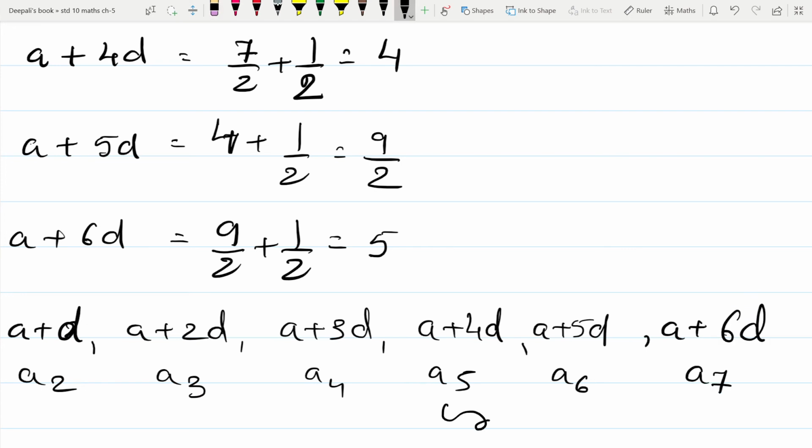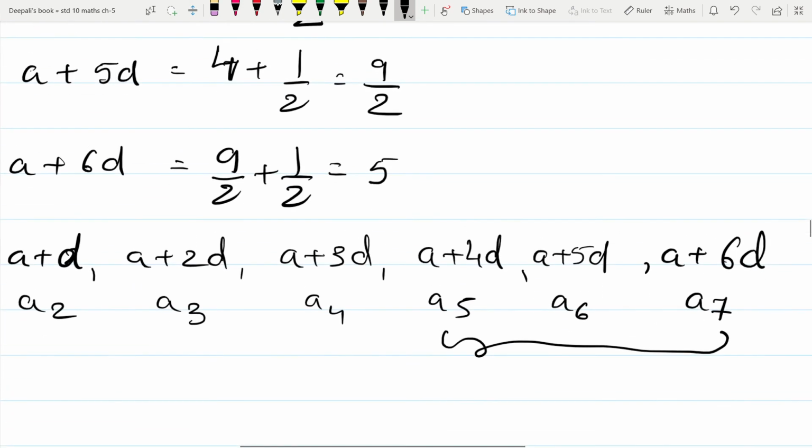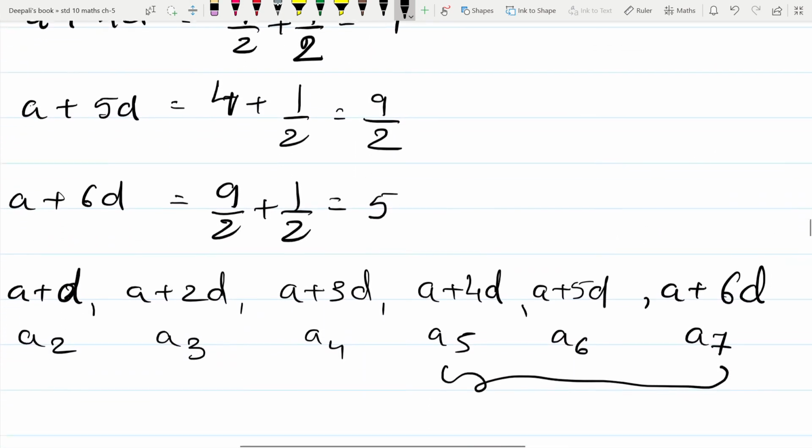In this question, I need to find these 3, that is A plus 4D, A plus 5D, A plus 6D.